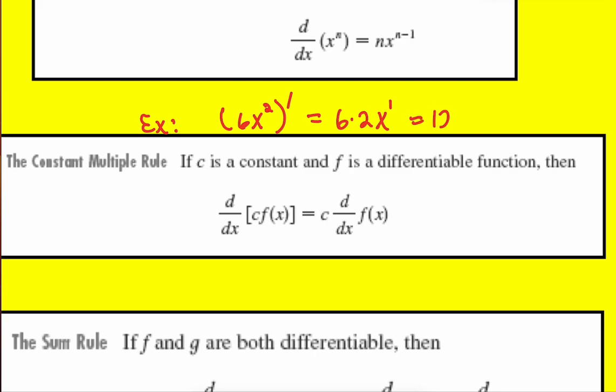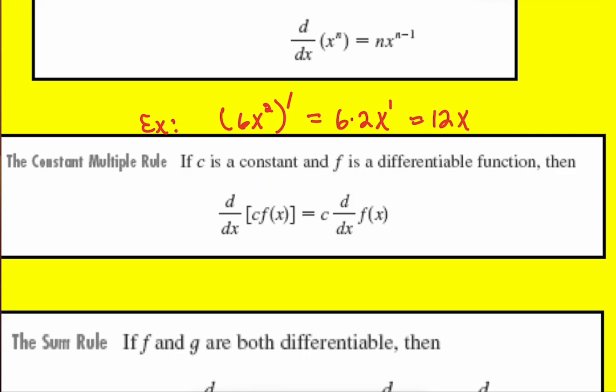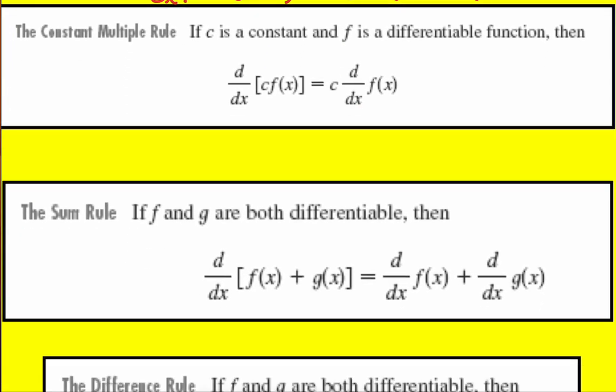And so the answer is 12x. Okay, so the derivative of a power function that has a constant in front follows the power function rules, and you just multiply by that front constant. So that allows us to just use a lot of those particular types of rules.